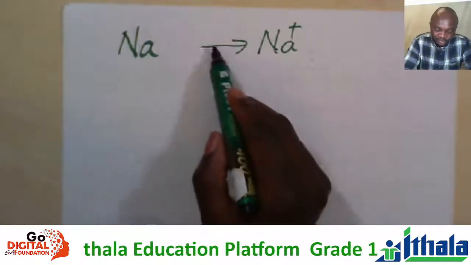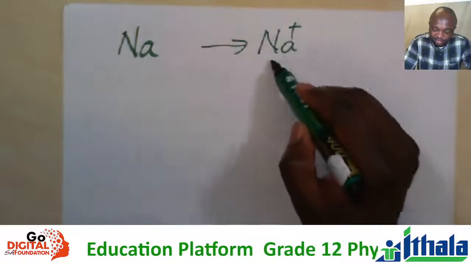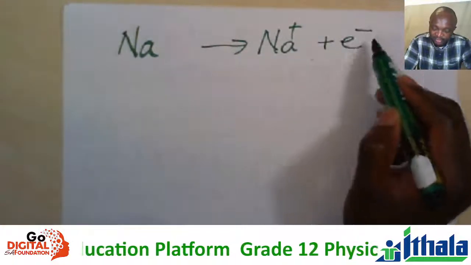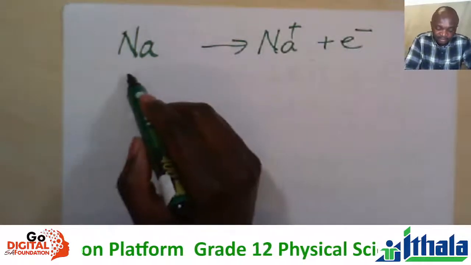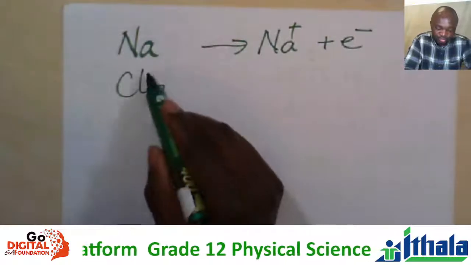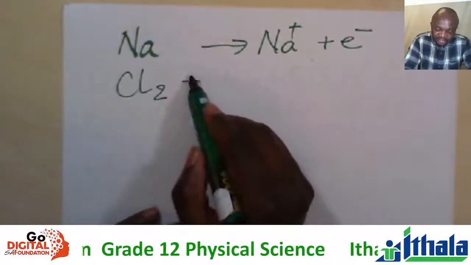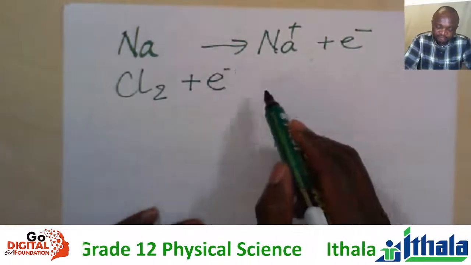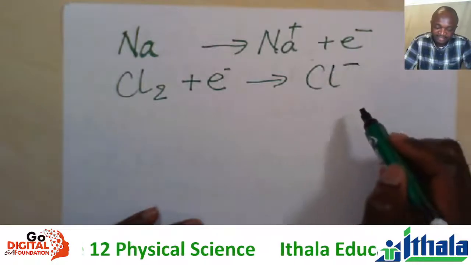Kusho ukuthi i-sodium ikhipha i-electron eyodwa, sosala ne-sodium ion. Masibuka i-chlorine. I-chlorine iqale ngo-Cl2 and oxidation number was 0. Then i-chlorine yagaina i-electron, yaba u-Cl minus.